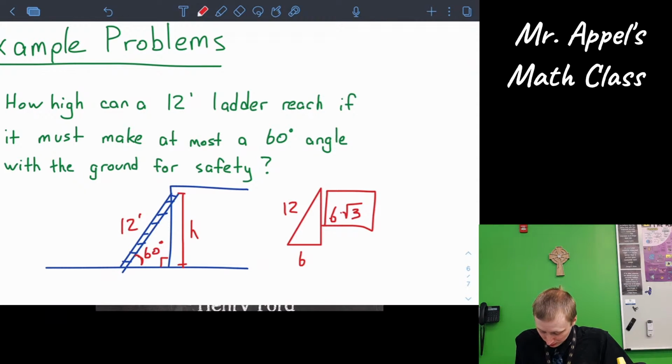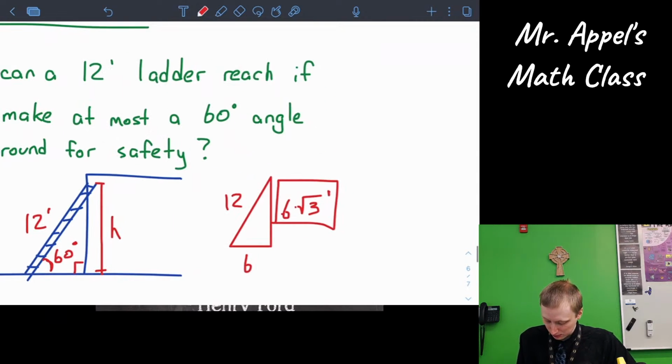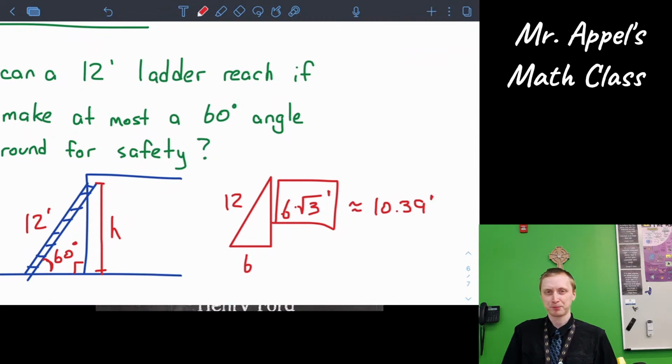That's the height. 6 times the square root of 3 feet is how high I can reach. We can get a decimal approximation for that if you want to know. Let me just pull up my calculator here. 6 times the square root of 3 is 10.39 approximately. Okay. A little more than 10 feet, not quite 10 and a half feet.